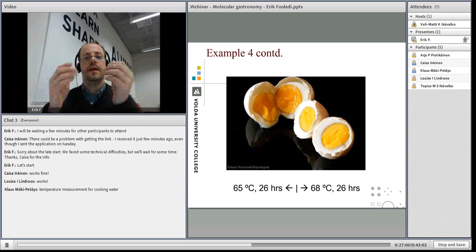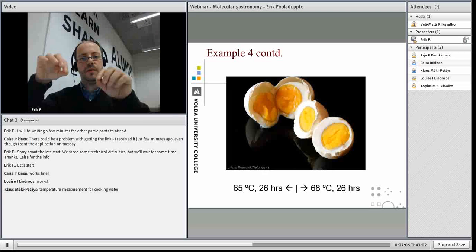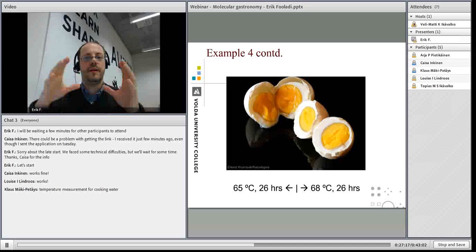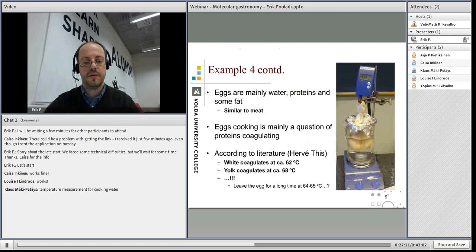So when I cut the egg and I opened it, then the yolk was rolling out and the white was pouring out. So really strange, upside down egg. It was actually cooked more in the middle than on the outside. Really strange. I was really surprised, because from these numbers, it shouldn't be like this.